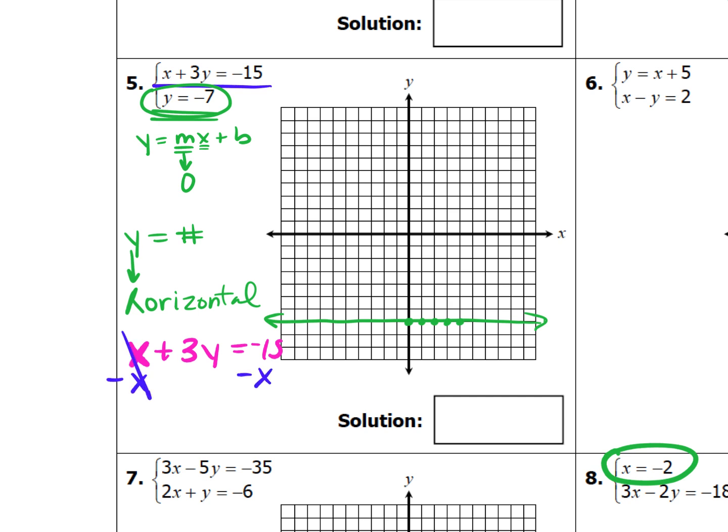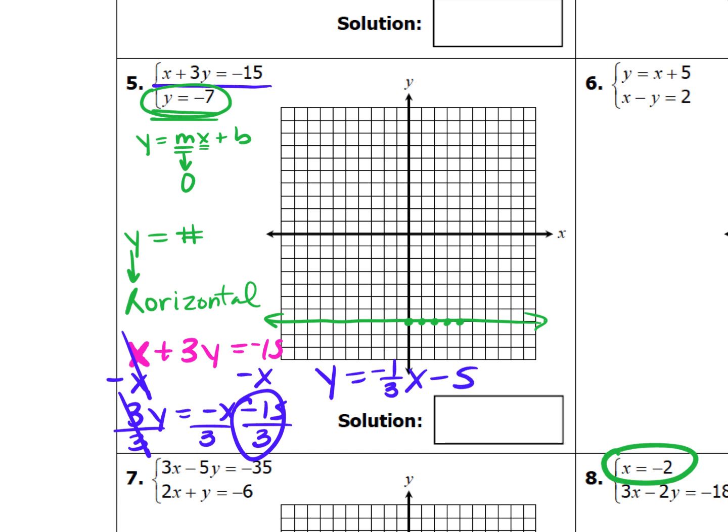So that gets that out of there. We have 3y equals -x minus 15, and then we divide by 3. So divide by 3 everywhere, and we end up with y equals, because this is 1, this would be a -1/3 x, and this is -5.